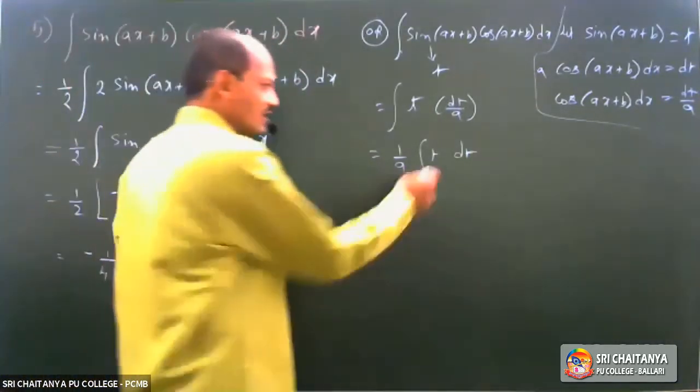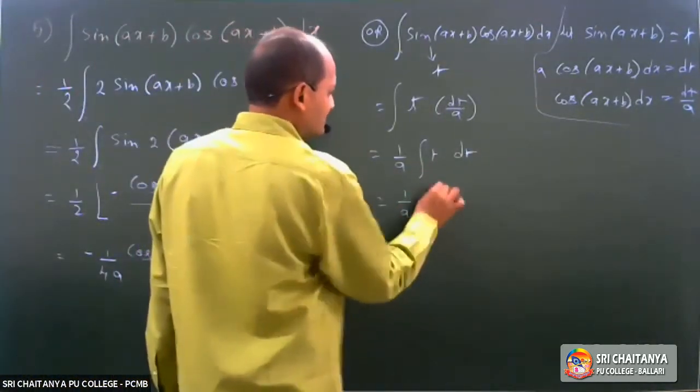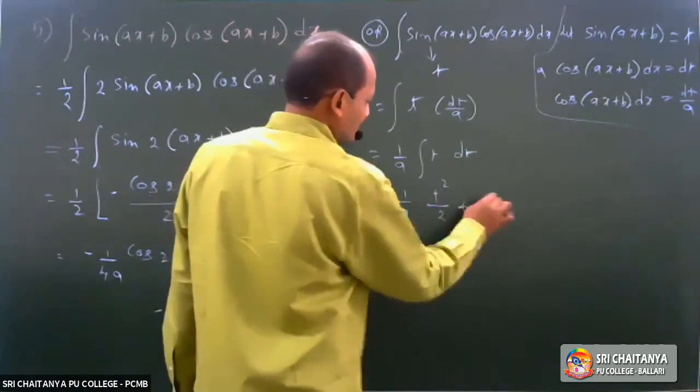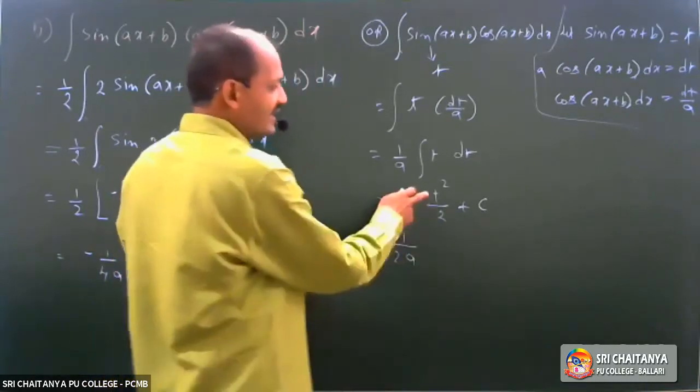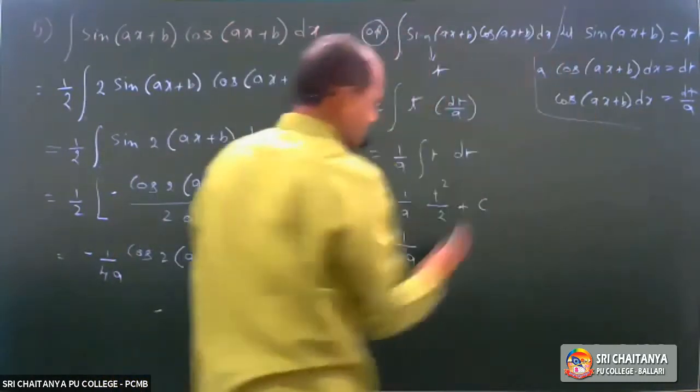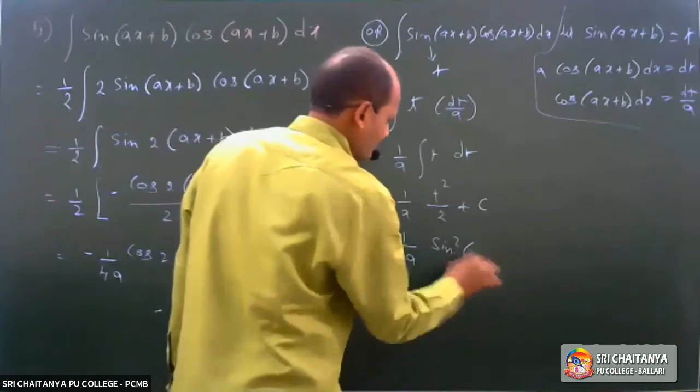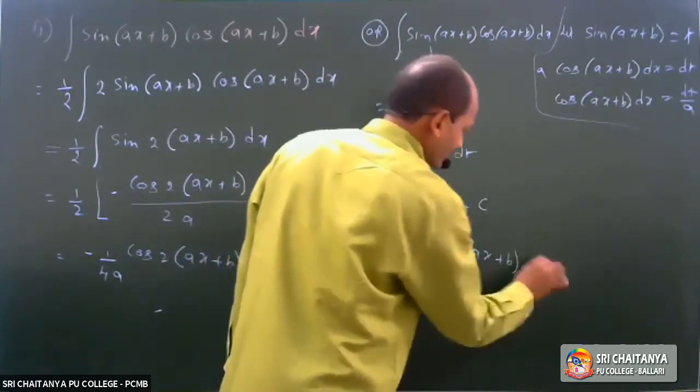What about the integral of t dt? It is t square by 2 plus c. That is 1 by 2a t square. T means sin. Sin square of ax plus b plus c.